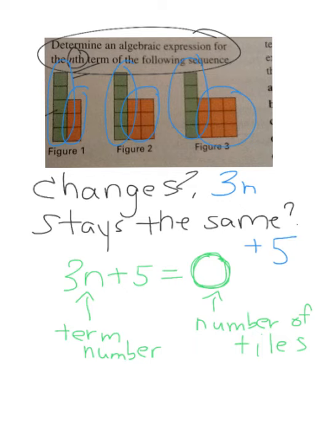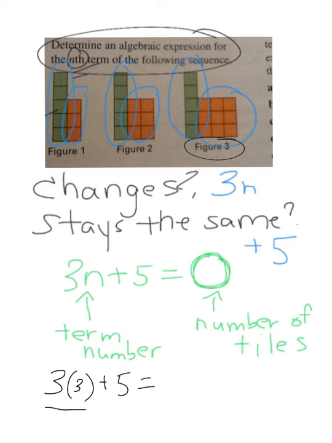So now let's try this out. Let's take out n and put in a figure number and see if it equals the number of tiles in that particular figure number. Again, I like to do figure number 3 or higher, just because it's easier to tell if you got the right answer. So instead of 3n plus 5, we have 3 times 3, because we're choosing figure number 3, plus 5 equals.